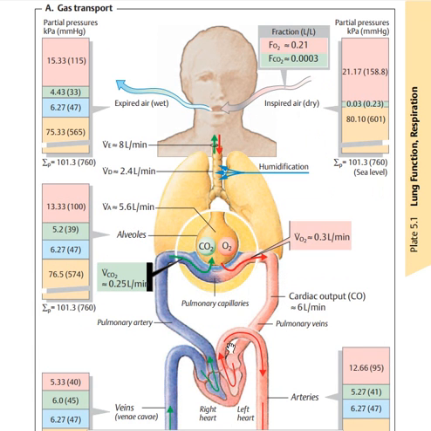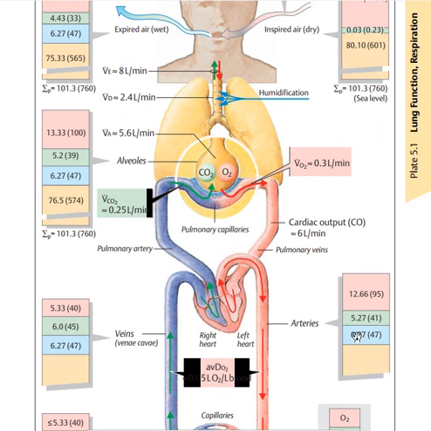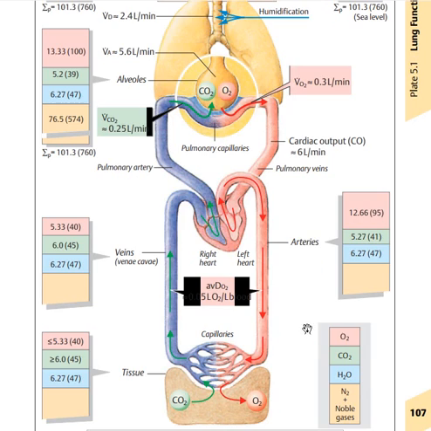Next, inside the arteries, the blood transported by arteries has an oxygen partial pressure of 12.66, carbon dioxide partial pressure of 5.27, and water of 6.27.